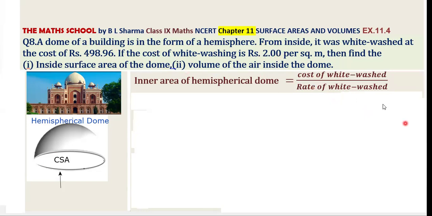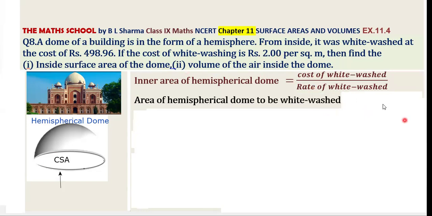So area of hemispherical dome to be whitewashed is 498.96 upon 2, that is 249.48 meters square. But this is equal to the curved surface area of this hemisphere.